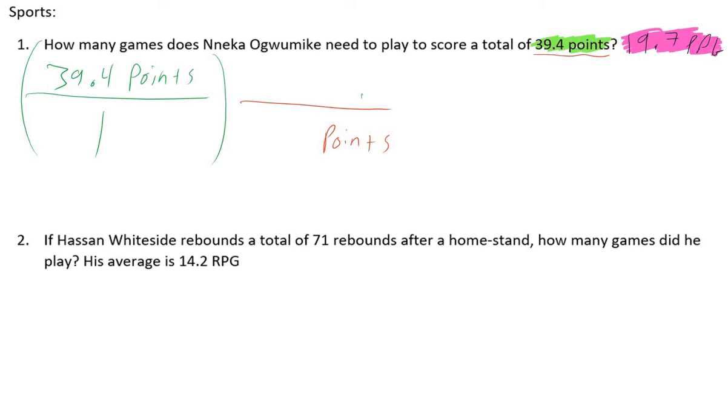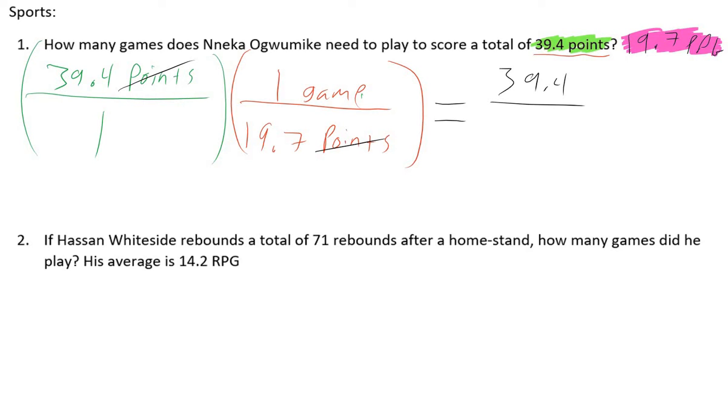So she gets 19.7 points for every 1 game that she plays. Now that our units cancel out, points and points, we just multiply everything on the top, which leaves us with 39.4 over 19.7, and the unit so far is games.